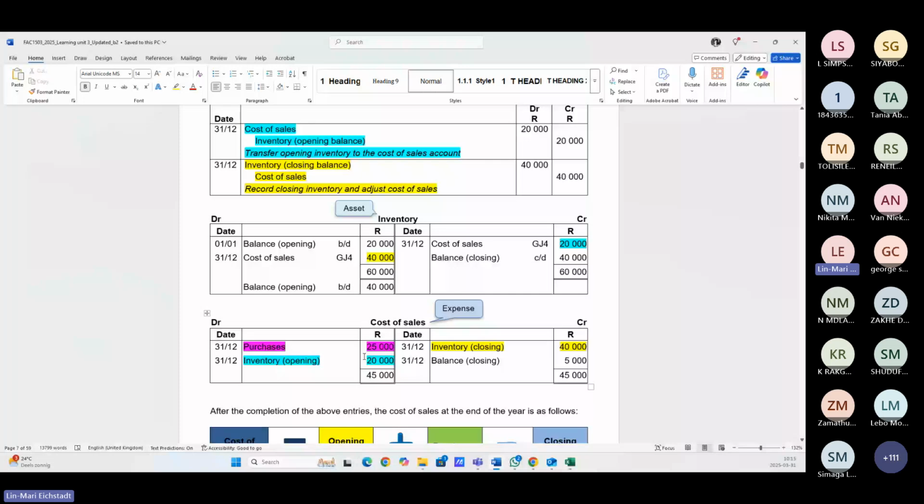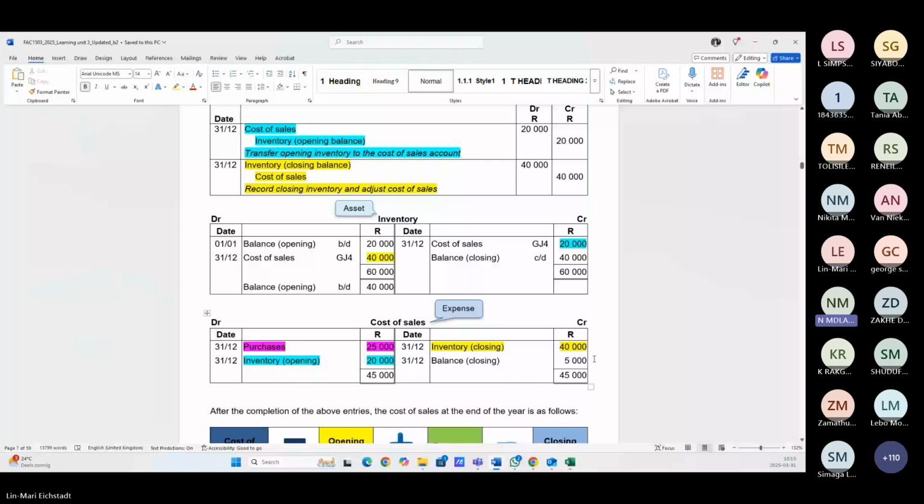Then we purchased another X amount of tea, and that should have been our tea at the end of the period if we didn't sell any tea at all. Then we do our stock take to determine what amount of tea we sold during the year, and the difference between what we would have expected on the shelf and what is our stock take, that becomes our cost of sales because that inventory has been sold.